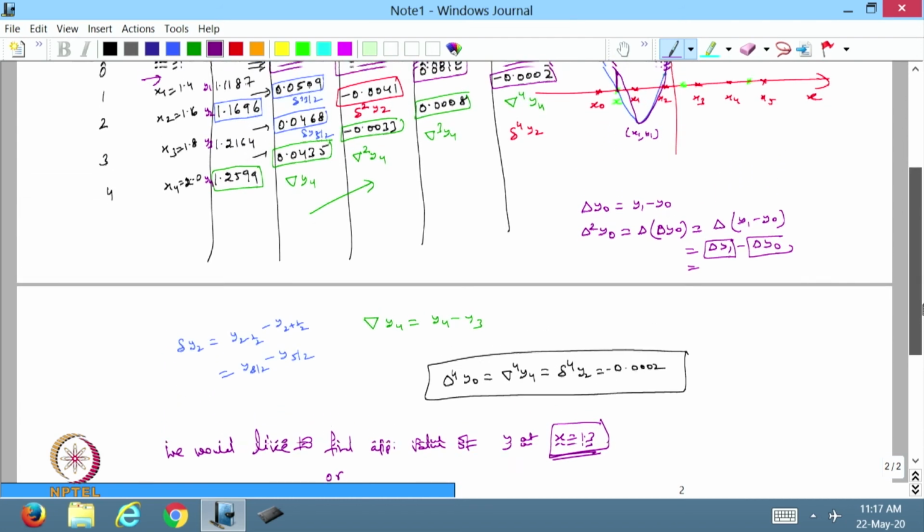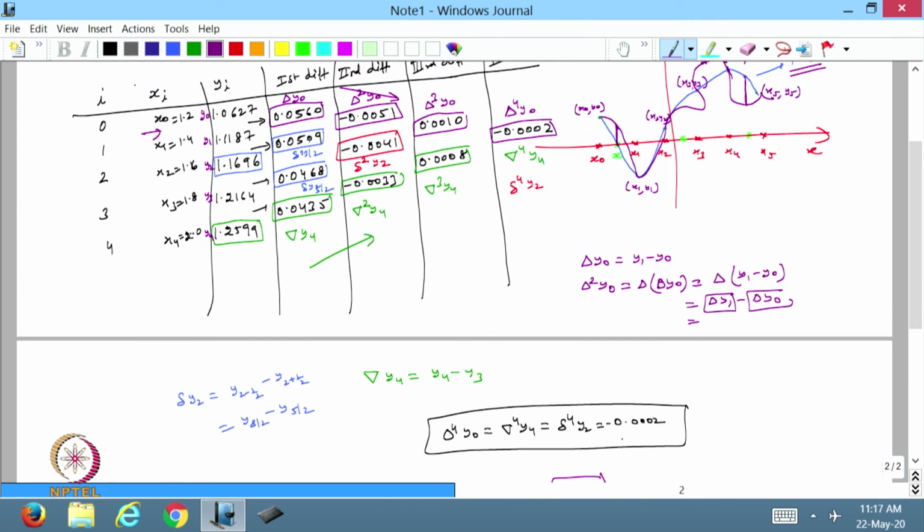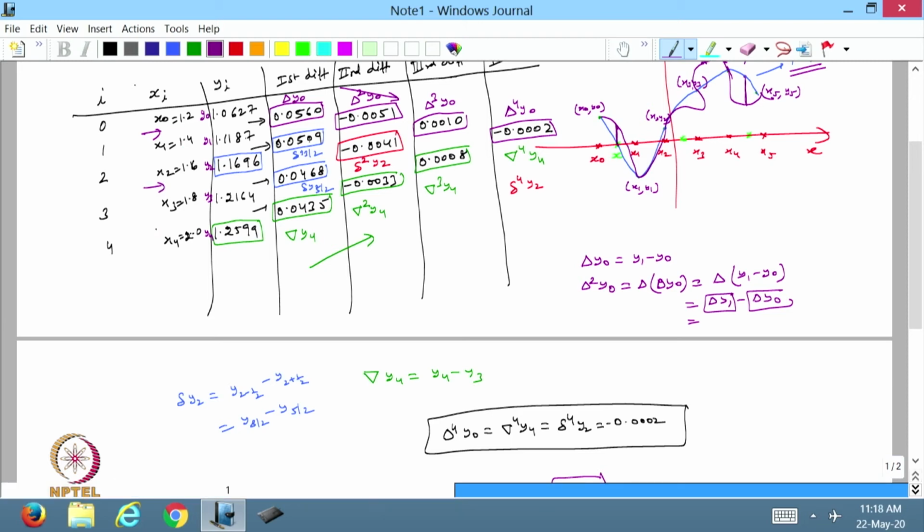If you see where the value of x lies, 1.3 is lying here, 1.65 is lying here and 1.97 is lying here. So, it depends upon where the value of x is lying. One value of x is lying in the top of the table, another is lying in the center, and another one is lying in the bottom.